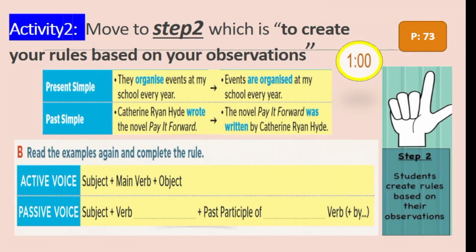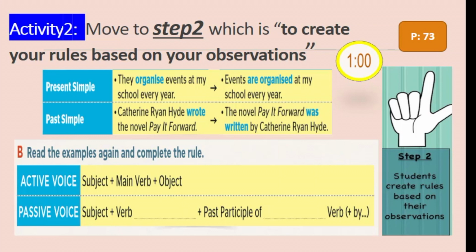Now, activity 2, students book, page 73. Okay, move to step 2, which is to create your rule based on your observation. Present simple. They organize events at my school every year. That's right, events are organized at my school every year.